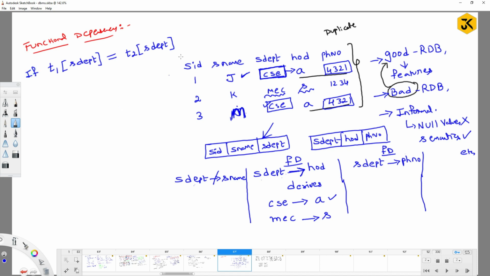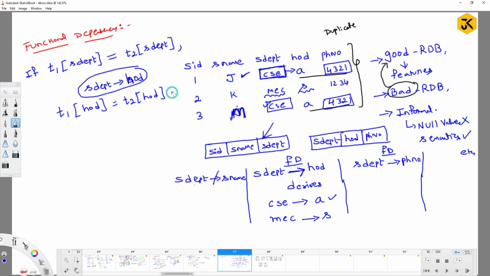If these two are same, then if I would like to say S department derives HOD, then T1 of HOD is equal to what? T2 of HOD. Then only I can say that S department derives HOD.